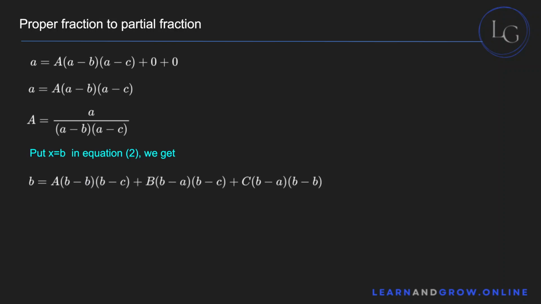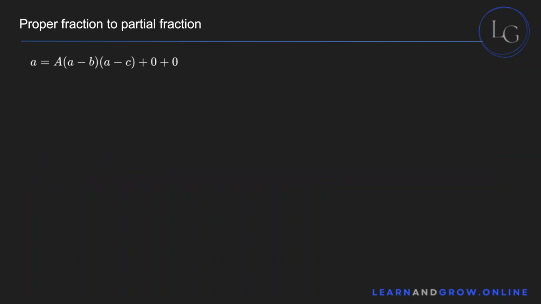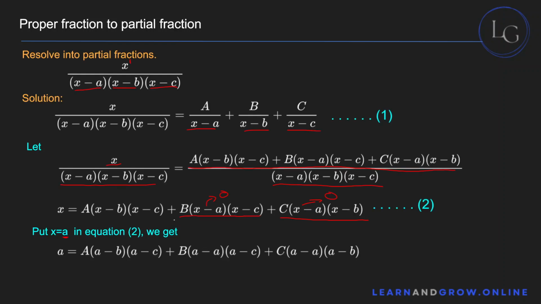Now, when you put x is equal to lowercase b in the same equation 2, the terms with x minus b will be eliminated. Now, what were the terms with x minus b? This term will be eliminated because this x minus b becomes 0, and this term will also be eliminated because this x minus b becomes 0, since b minus b is equal to 0, obviously.